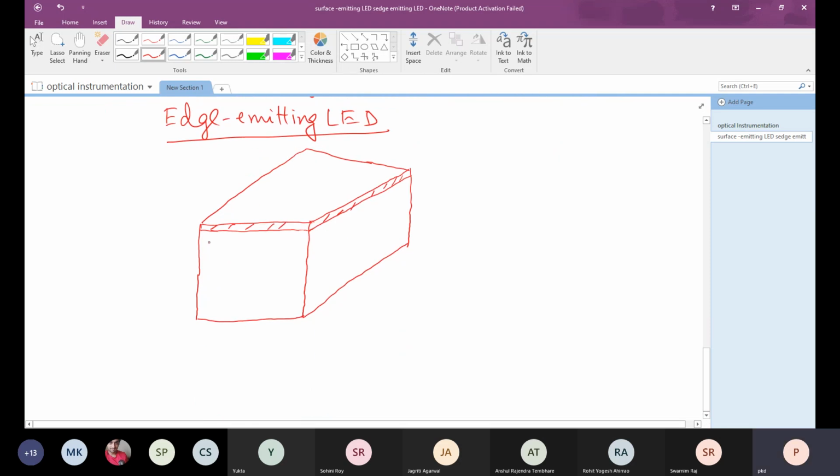So then we have a window for the electrode, and the other side is dielectric.